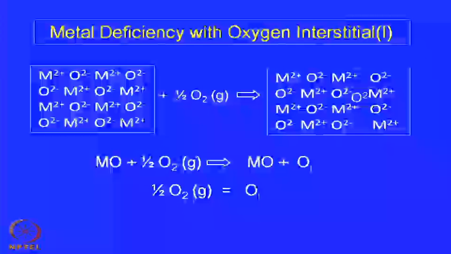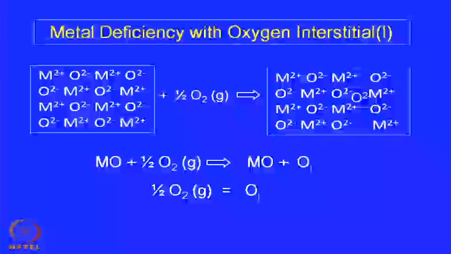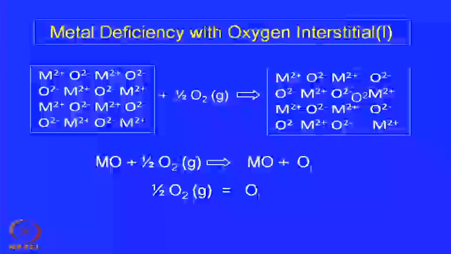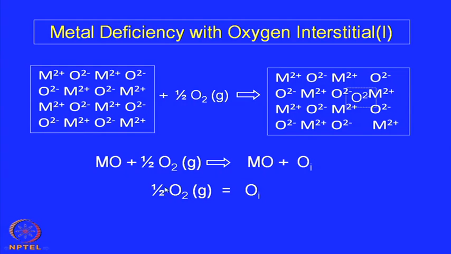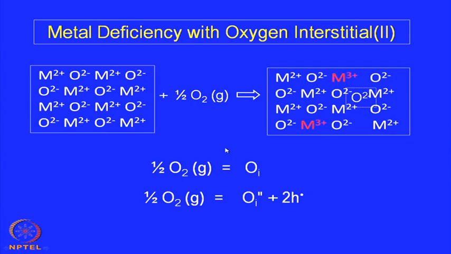However, in certain cases it can still happen, and in principle that possibility exists. So, we will write that; it is very simple, half O2 gas just going to the interstitial site. Okay. And finally, of course, the same thing happens here also, M2 plus is changed over to M3 plus, basically because this situation creates two holes.